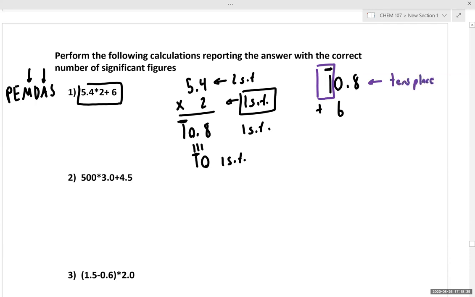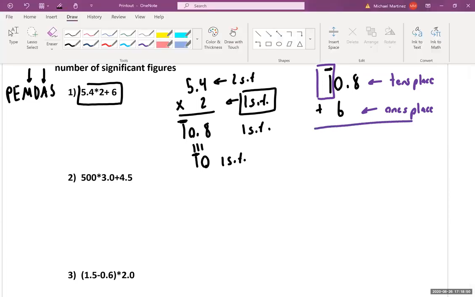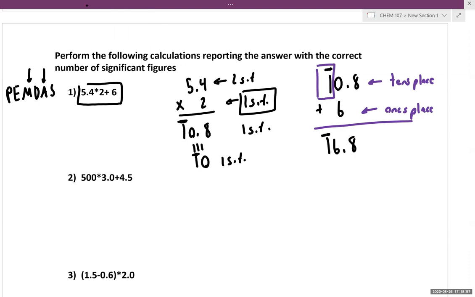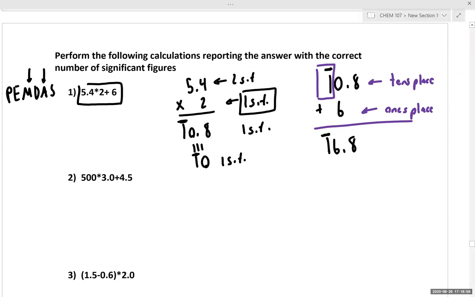This 0 and 0.8 are not significant digits. 6, on the other hand, has a digit in the ones place. So then, when we add our two numbers together, we get 16.8, and we have to round to the tens place. So following our rounding rules, we look one step to the right, and that in turn gives us a final rounded value of 20.